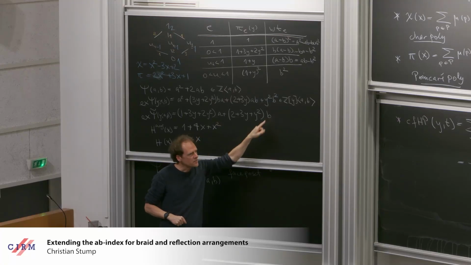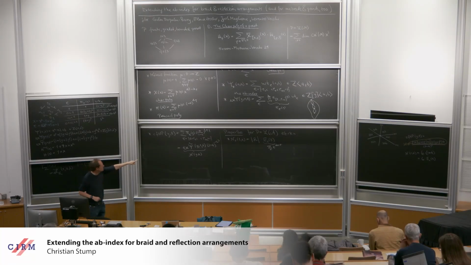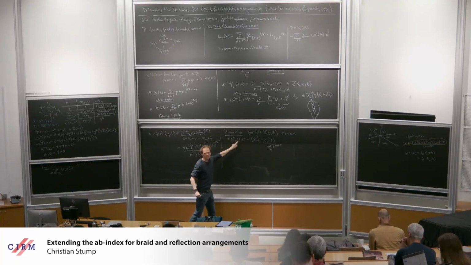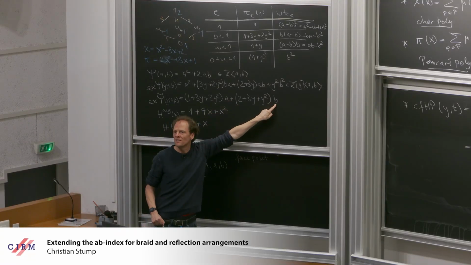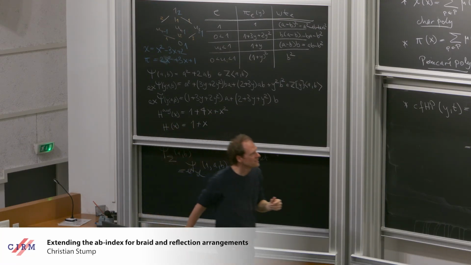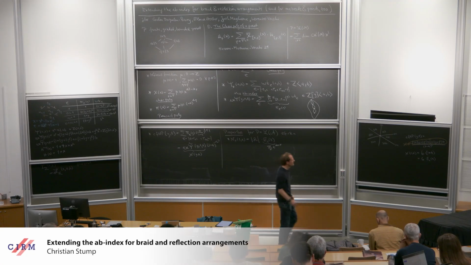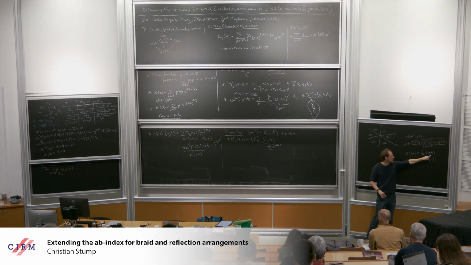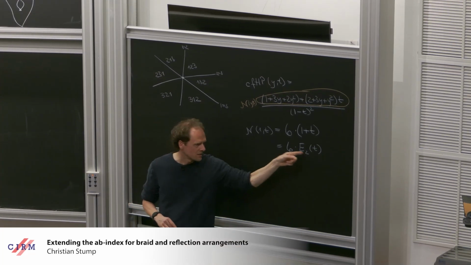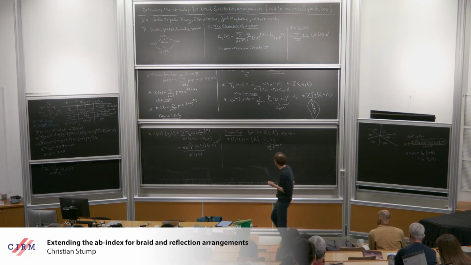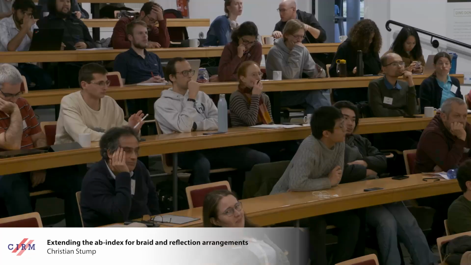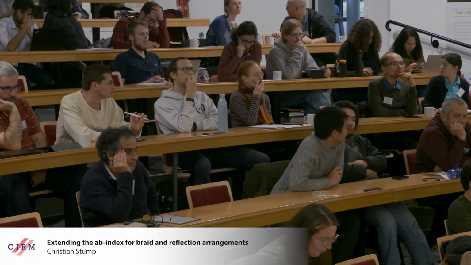And when we now plug in y to 1, this is the evaluation we are doing here, we are getting 1 plus 3 plus 2 is 6 times 1 plus 6 times t is 6 times 1 plus t. So when we do this evaluation, we get 6 times 1 plus t, which is 6 times the Eulerian polynomial in rank 2. Is that okay? But is that an Eulerian polynomial of one less?